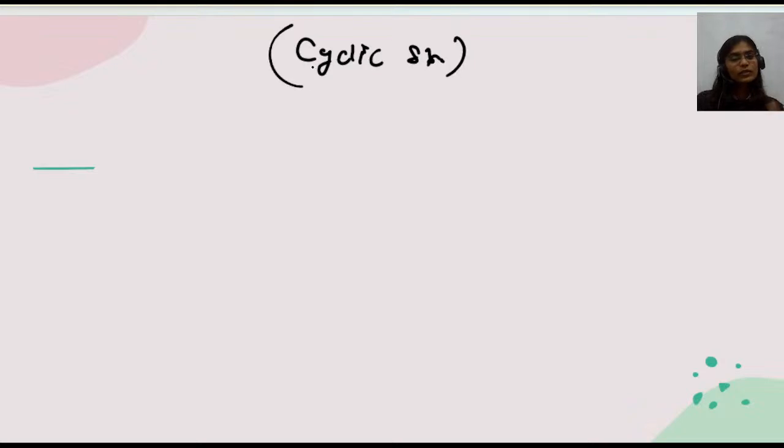What is the meaning of the word cyclic structure? Let's try to understand. In reality, the cyclic structure of glucose exists, and the single straight chain structure does not really exist. We will cover that point as well, how the test is positive if it is not a straight chain.